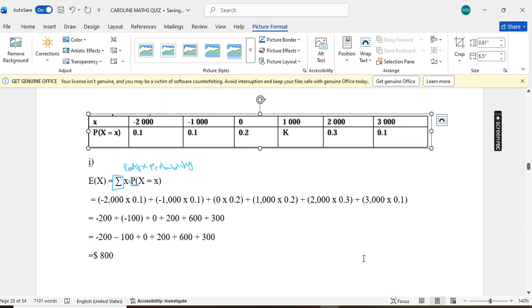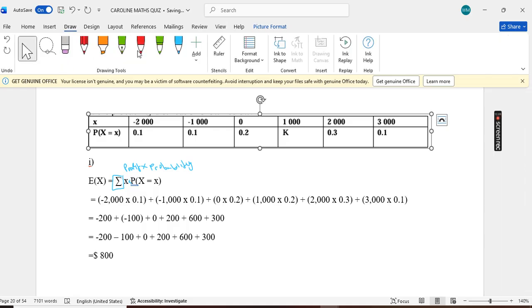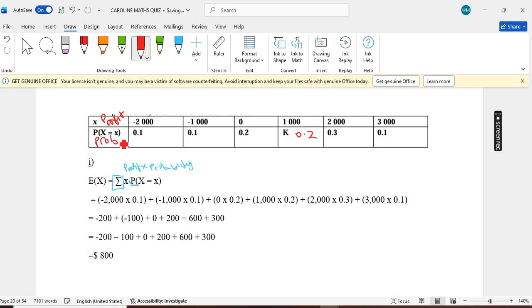So what you are doing here is, each profit, remember the profits are these x values here, each profit you're multiplying by its probability. Okay, colleagues, that's what's happening here.